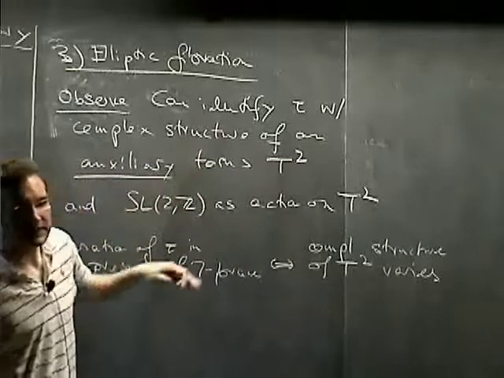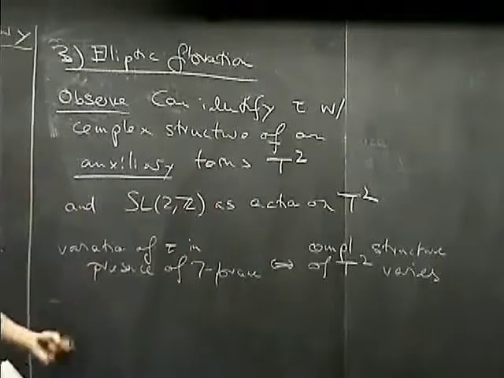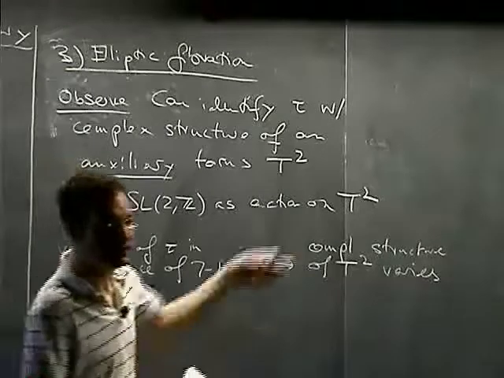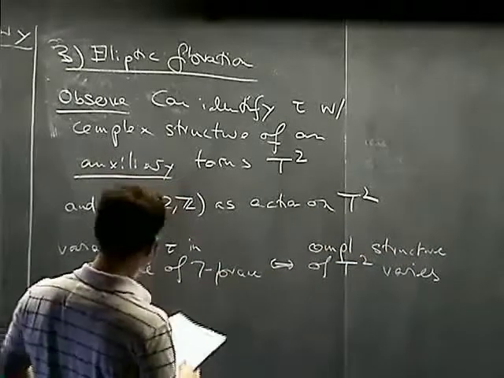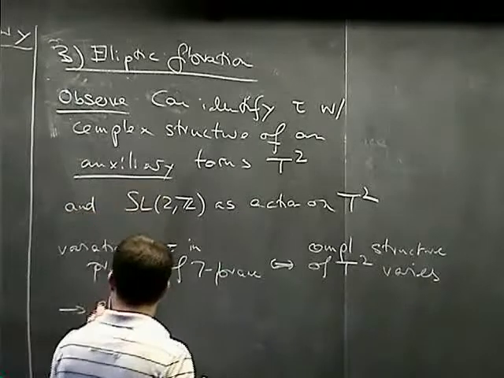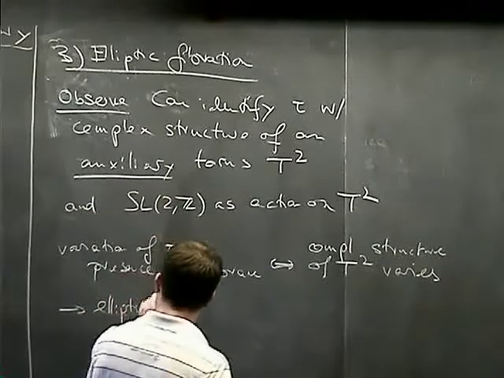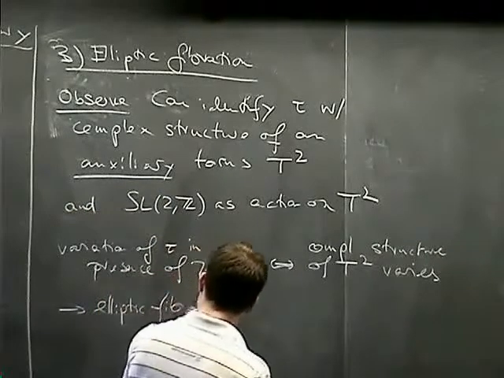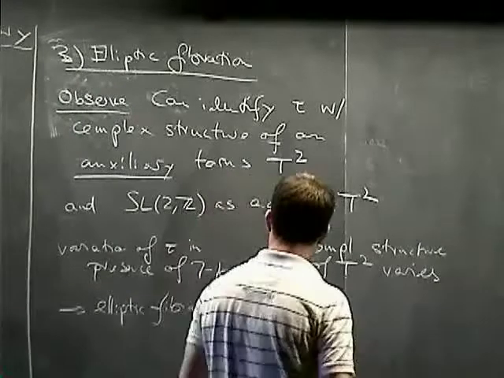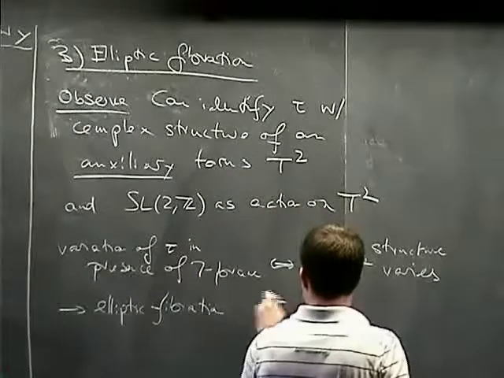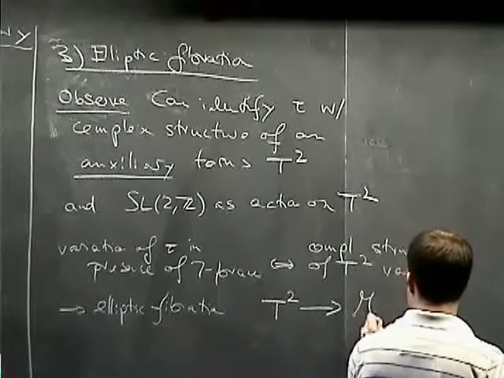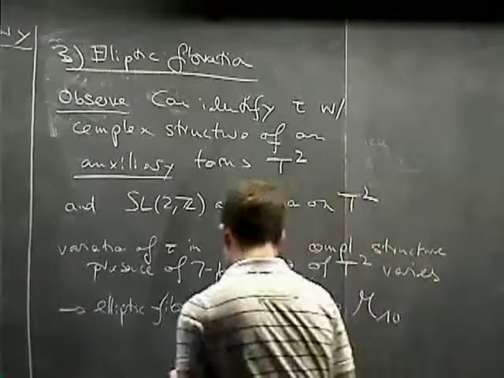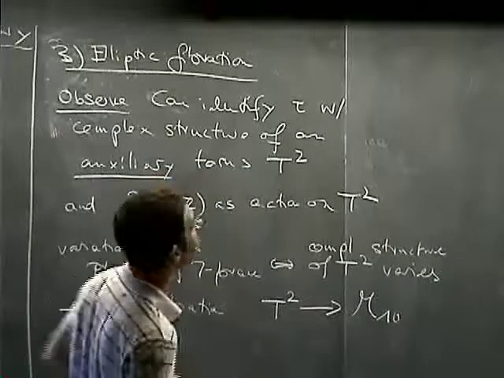So in other words, we can describe the situation by an elliptic fibration, a non-trivial elliptic fibration, where we have a T2 fibered over our space in which the D7 brane is embedded. So we have a fibration, T2 fibered non-trivially, so varying complex structure, over, at this stage, 10-dimensional space-time.